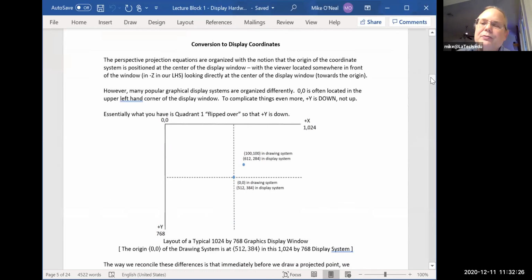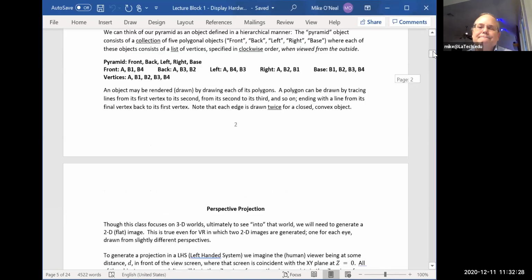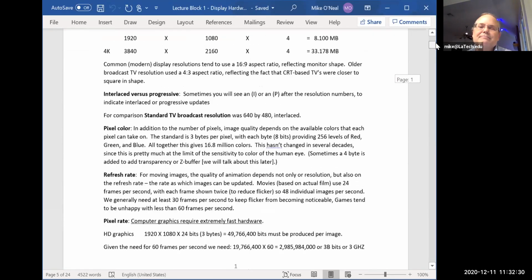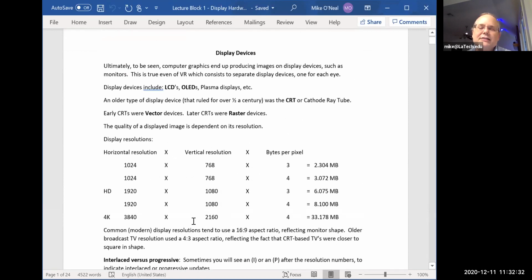Now, there's a problem. These display devices are just grids of pixels, and they're generally organized as a giant array of pixels. In rows and columns, we'll specify row first followed by column, so we'll still have an XY kind of a thing.